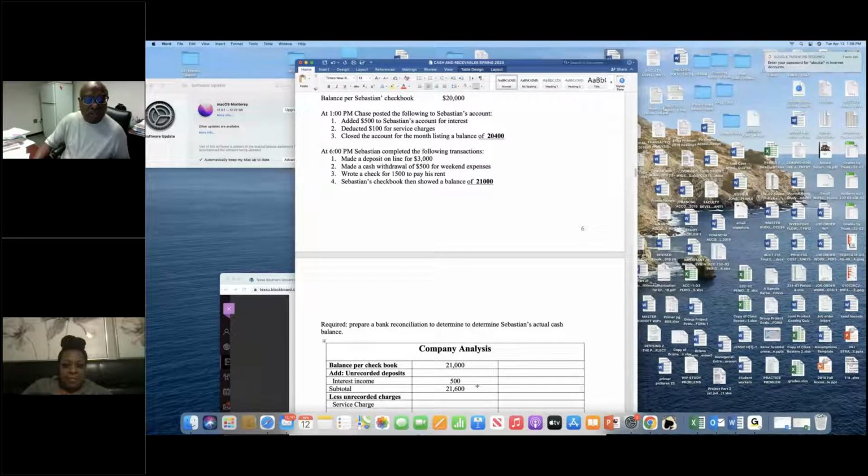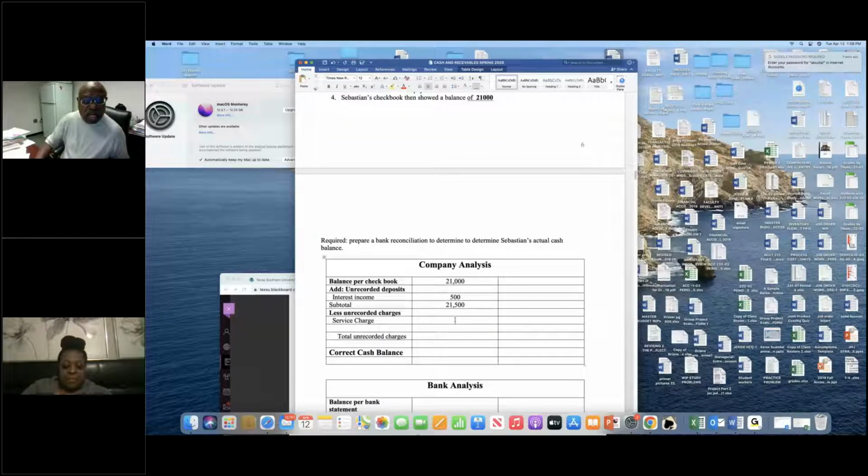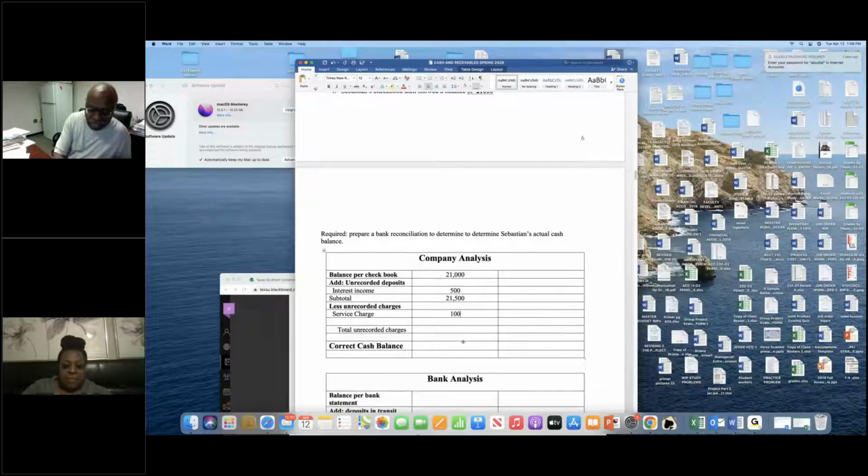Then the unrecorded service charges of 100. So if Sebastian puts in the items that the bank has, then he's showing that his actual balance is 21,400. See that? 21,400.